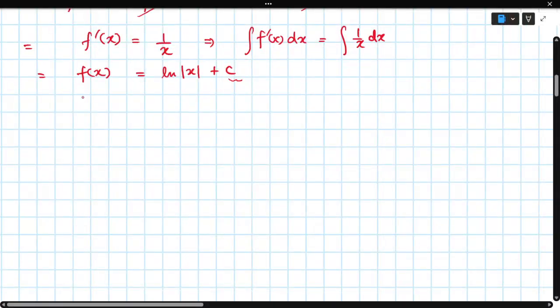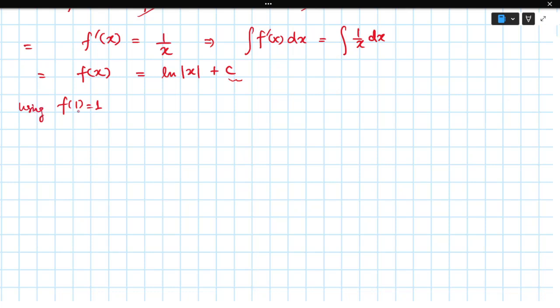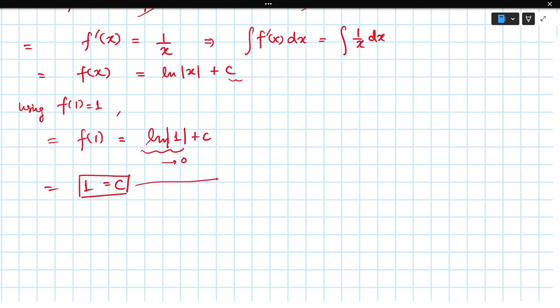Now, using x equal to 1 in our solution, f(1) equals ln|1| plus c. What is ln|1|? It is 0, and f(1) is 1, so this is your c. If we put this c back, we get f(x) as ln|x| plus 1.